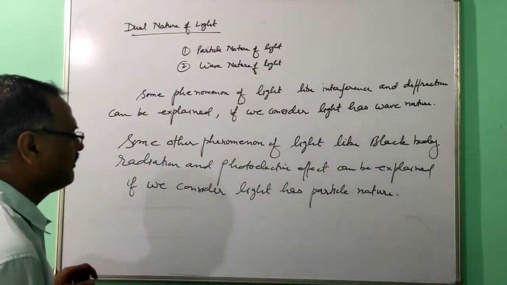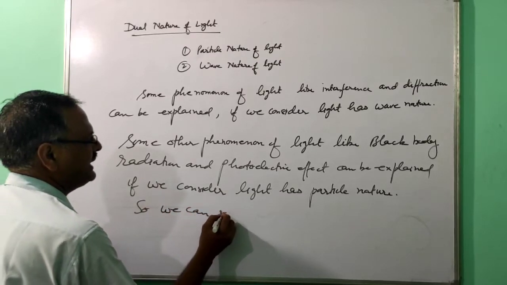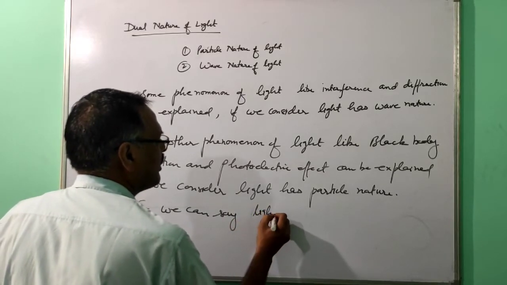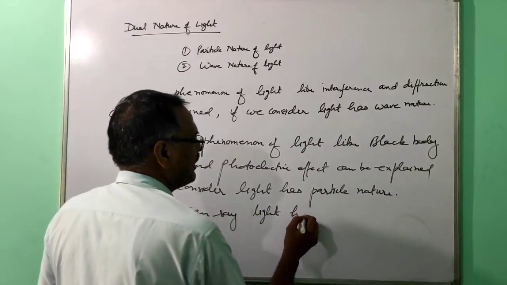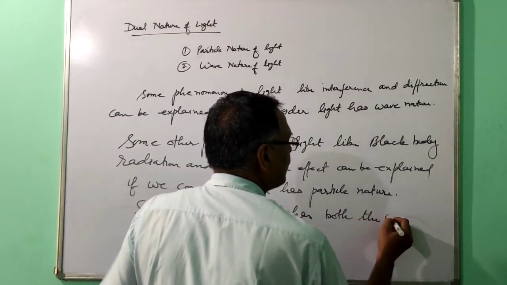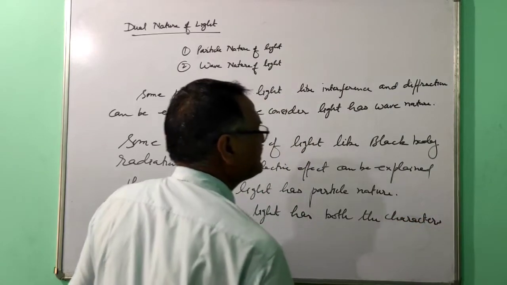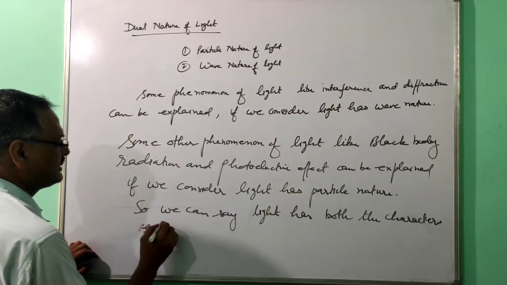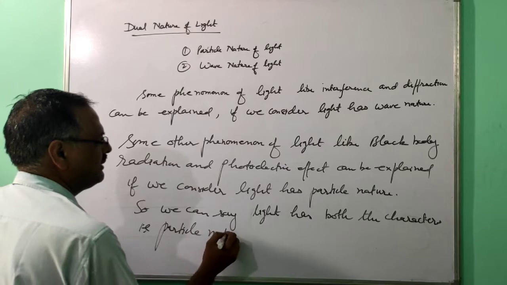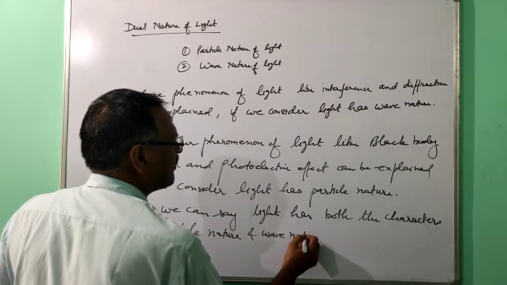So we can say light has both characters, that is, particle nature and wave nature.